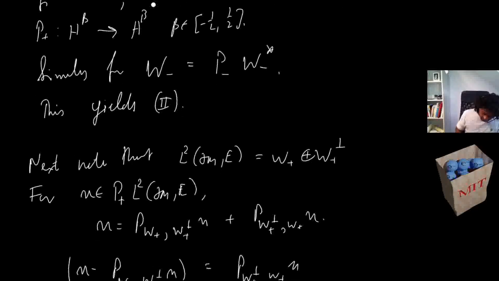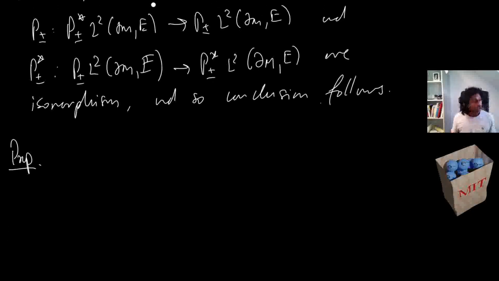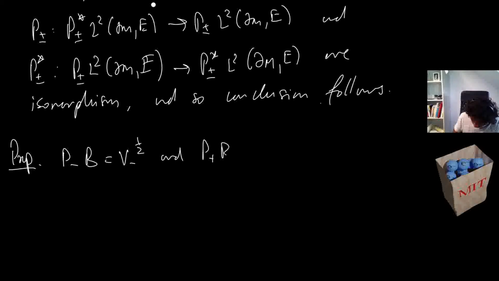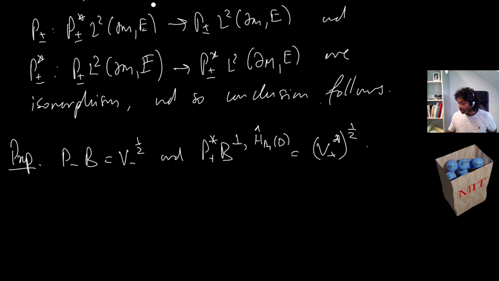So this is step number 2 in the proof. P minus B is equal to V minus a half, and P plus B, well, there's a star here, it's missing in my notes, annihilated H hat P plus of D is equal to V plus star half. This is really a key observation in all of this.